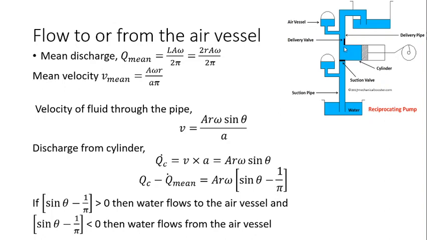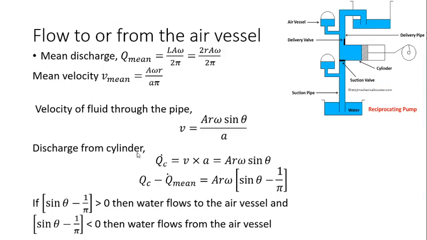Q mean is the discharge through the pipe. QC is the discharge from the cylinder if you consider the delivery pipe. And if you consider the suction pipe, QC is the water sucked into the cylinder, and Q mean is the discharge through the suction pipe.